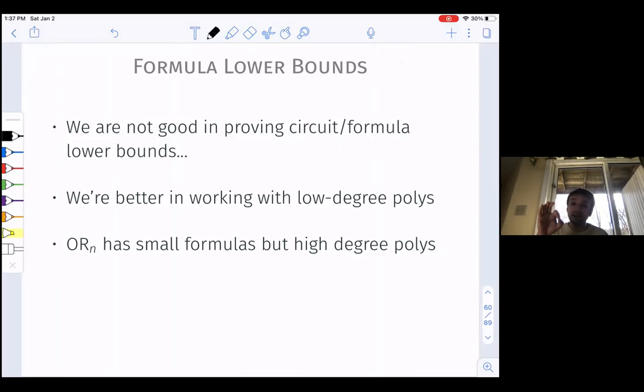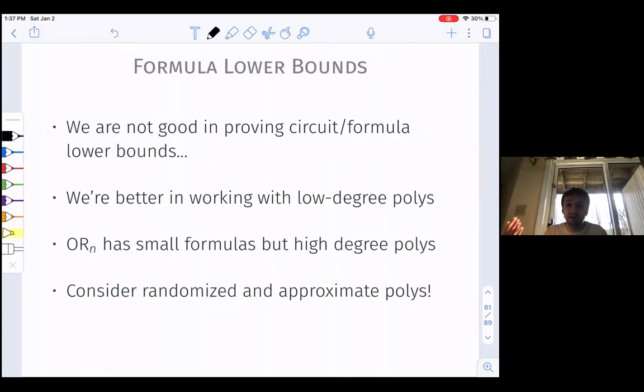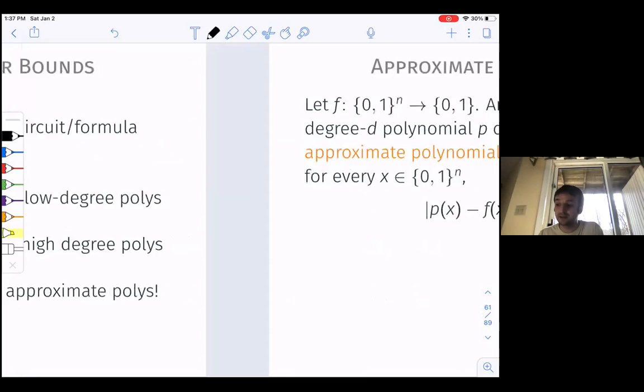But when exact polynomials don't work, we use either randomized or approximate versions of polynomials, and that's exactly what we're going to do in this result. We can't say that whatever a small formula computes has a low degree polynomial, because even the OR function is a counterexample, but we can say something similar with randomized and approximate versions of polynomials. So first, let me remind you what we mean by approximate and randomized polynomials in this case.